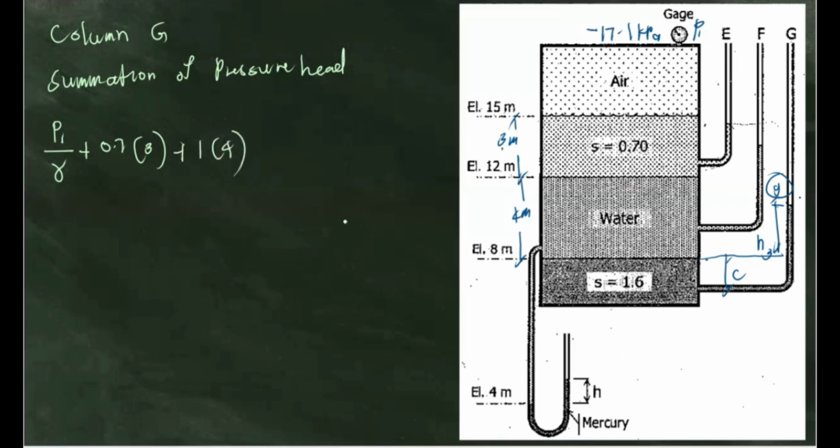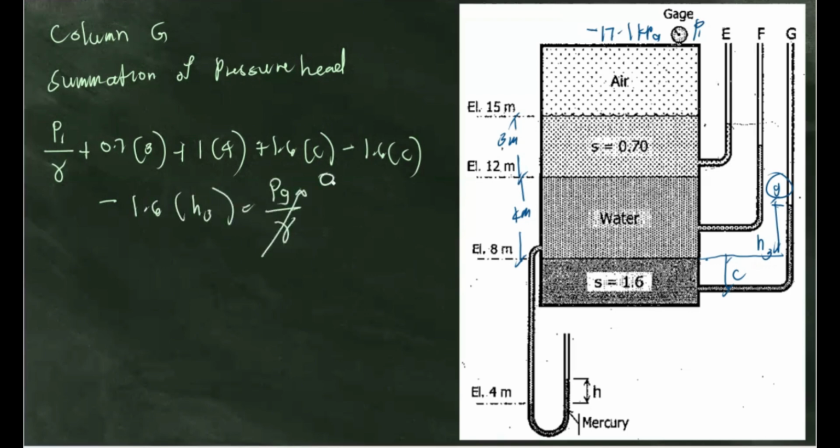pagdating dito sa isang liquid na mas mataas ang specific gravity sa water, bababa ng C na distance, so, plus 1.6 times C minus 1.6 times C. And then, aangat, minus 1.6 times H sub 3 is equal to P sub G over gamma.